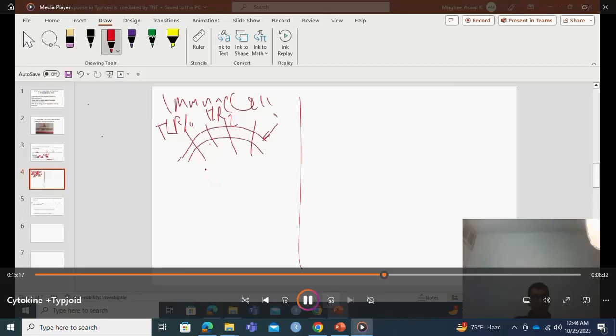Also in the interior, the intracellular compartment like the endosome, there are many different types of receptors.